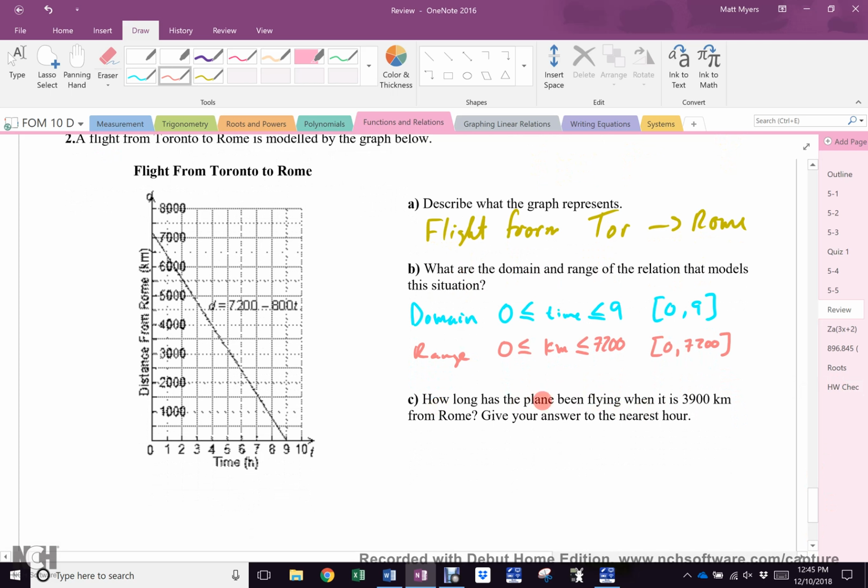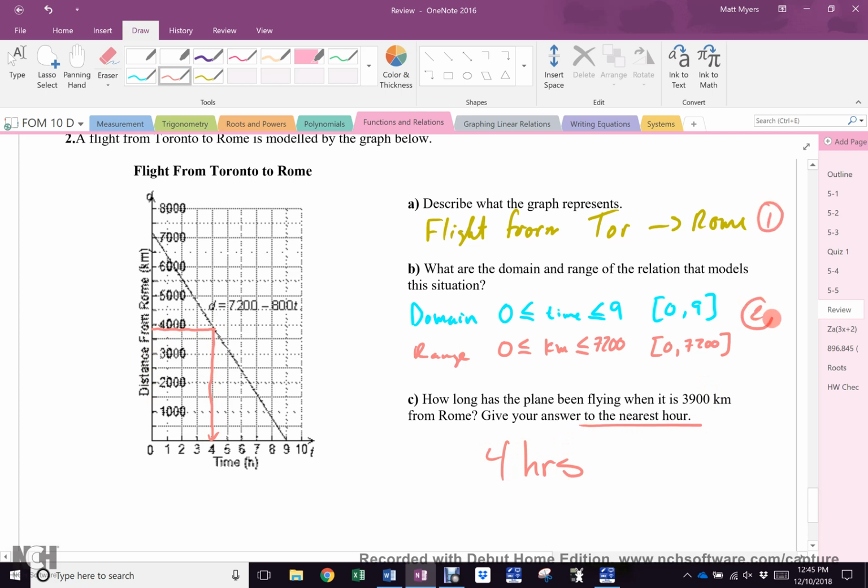And how long has the plane been flying when it is 3,900 kilometers from Rome? So I go out to 3,900 and I slide down here. 4 hours. Give your answer to the nearest hour. 4 hours.